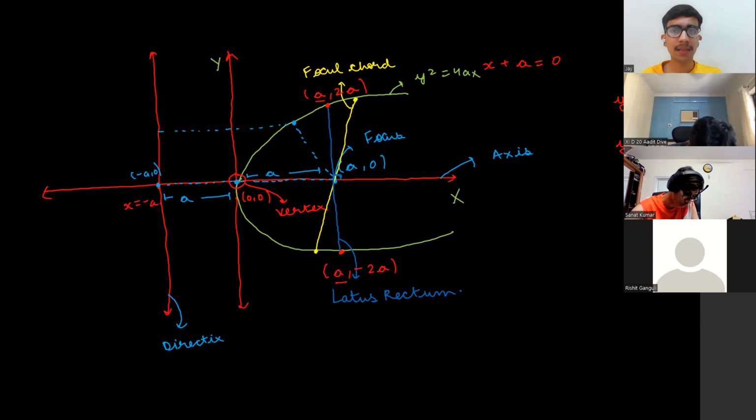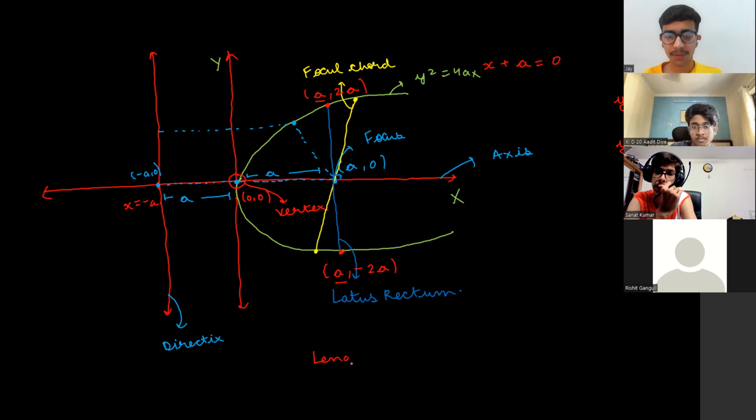Since I had the curve as y square is equal to 4ax, I substituted x as a and I got the values of y as positive 2a and negative 2a. So one end of the lattice rectum is (a, 2a) and the other end is (a, minus 2a). Now can you tell me what is the length of the lattice rectum? 4a? 4a. Exactly. So length of lattice rectum is equal to 4a.